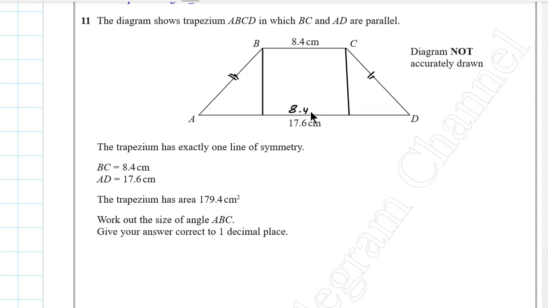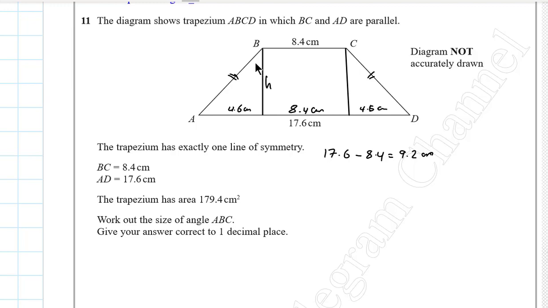This part is also 8.4 centimeters, and then 17.6 minus 8.4 will be 9.2. If we divide it by 2, we will have 4.6. So this part is 4.6 centimeters, and also this is 4.6 centimeters. Okay, since we have the area, we can get the height.